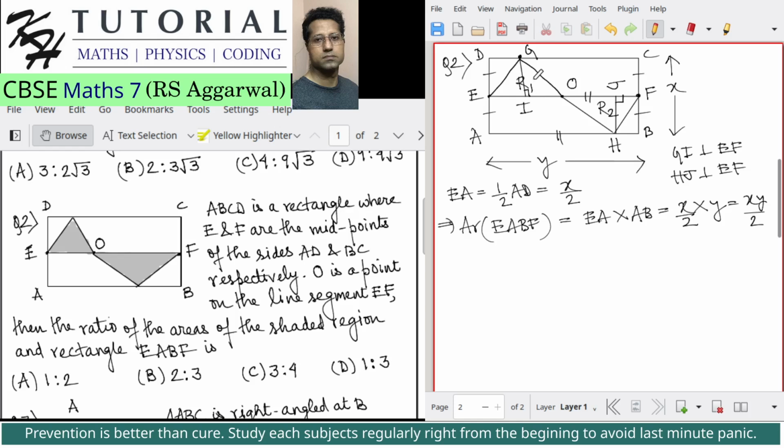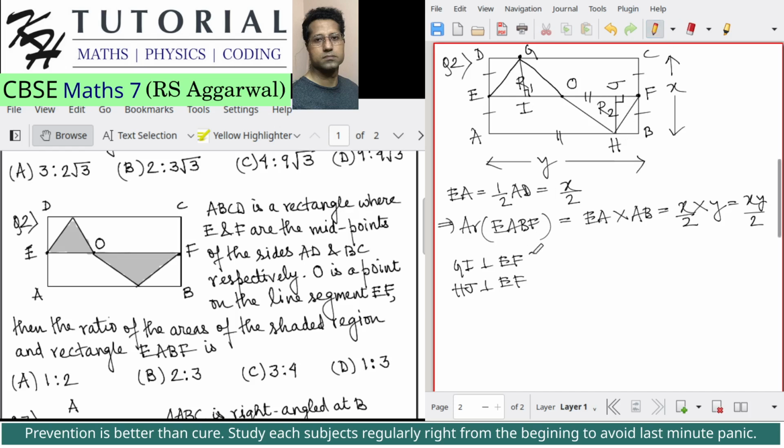Now, GI is perpendicular to EF. We have drawn GI perpendicular to EF and HJ perpendicular to EF.